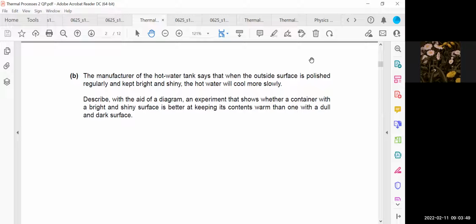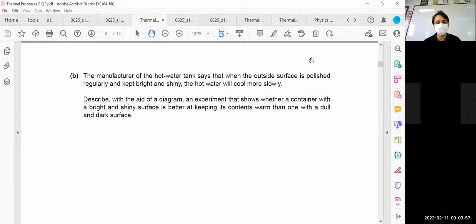Describe with the aid of a diagram an experiment that shows whether a container with a bright and shiny surface is better at keeping its content warm than one with a dull dark surface. Now, how will you describe this process, children?